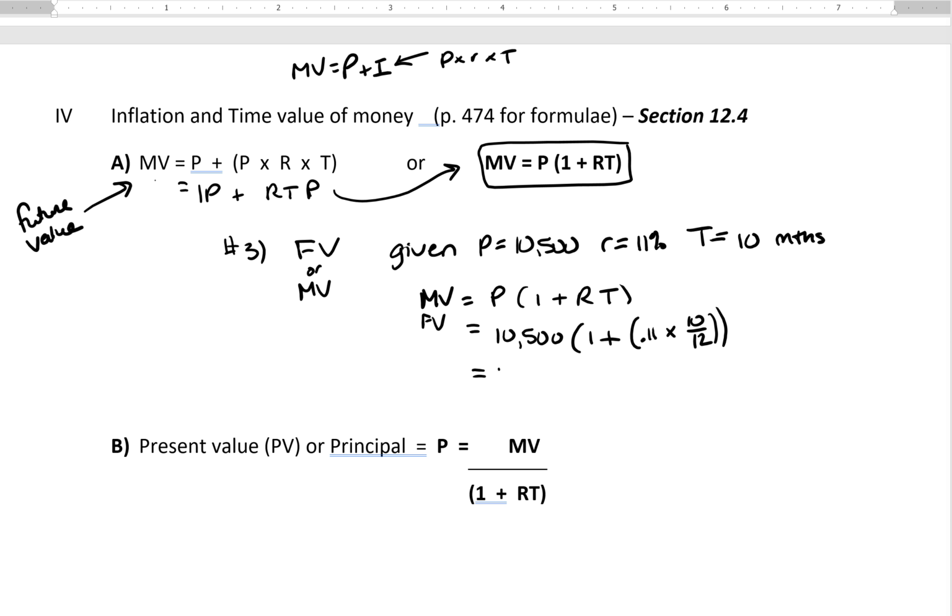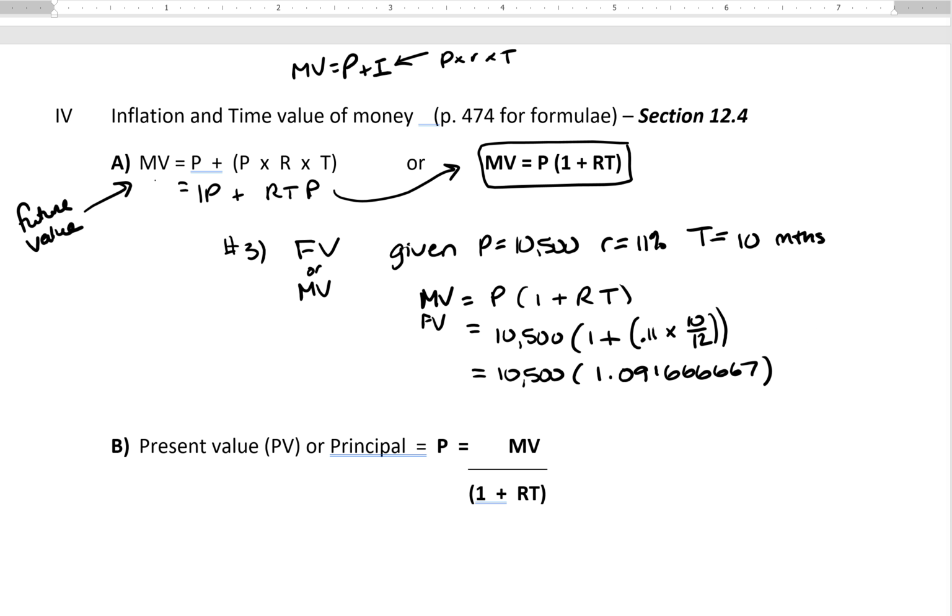And so that is 10,500 times 1.091. And again, don't round in your calculator. I'm just going to go out quite a few decimals before I round that up, just for purposes of writing. But in your calculator, don't round. If you don't need to, don't round.